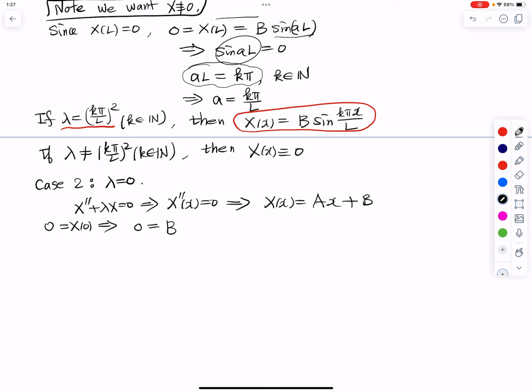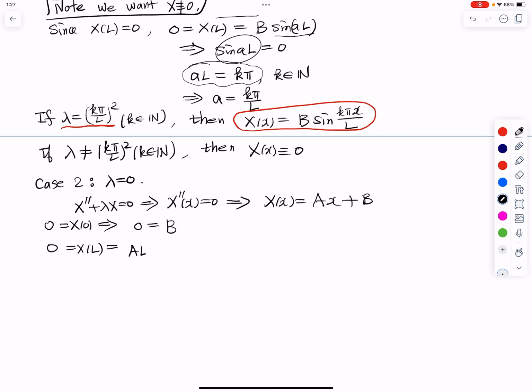Then X(L) equals 0 by condition, so with b equals 0, X(x) is ax, and this being 0 implies a equals 0. Therefore X(x) equals 0. This is not what we want.